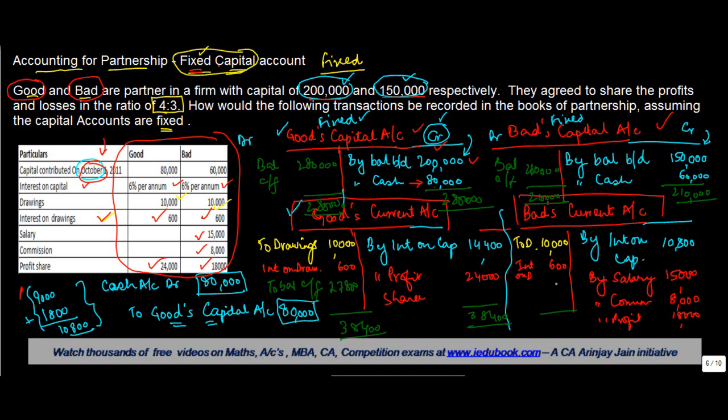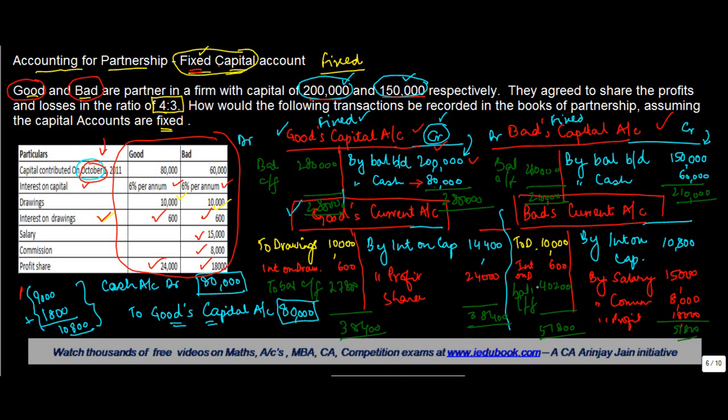Here also the debit side is less, so on the credit side you have 15 plus 8, 23 plus 18, 41, 51,800. Subtract 10,600 from 51,800, you will get 40,200. Balance carried forward. Right? And that's how you prepare the fixed capital account.